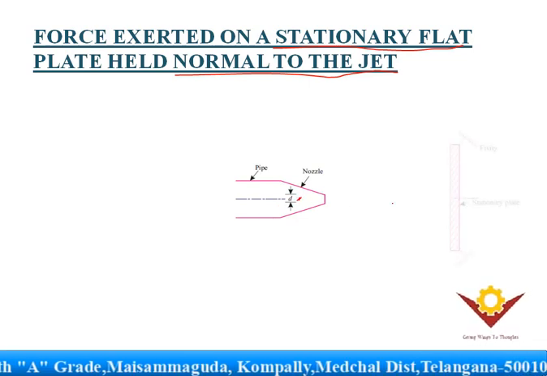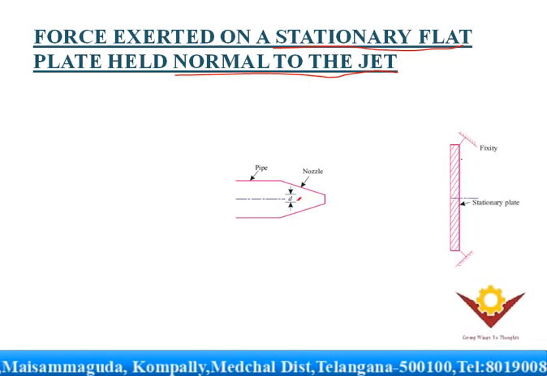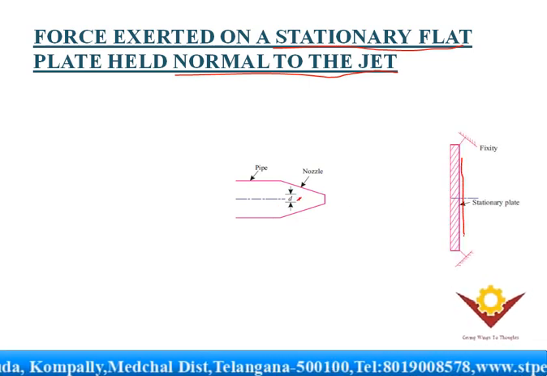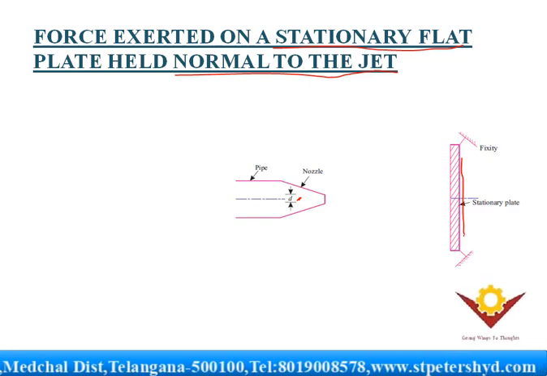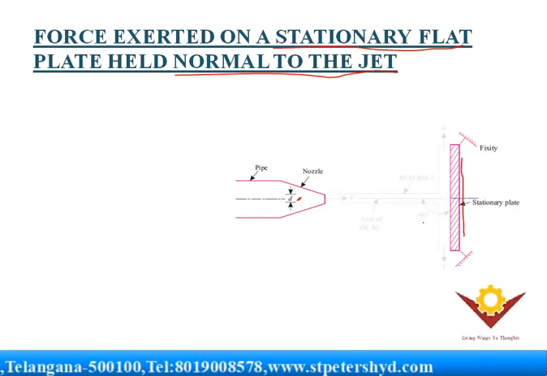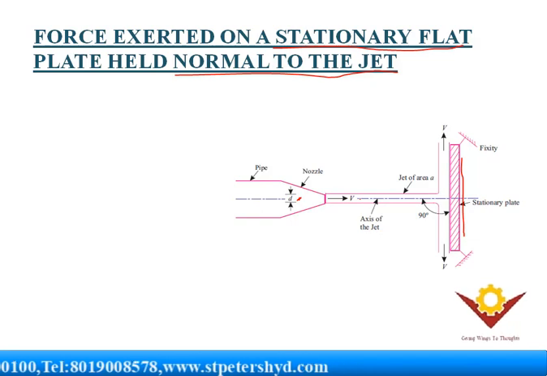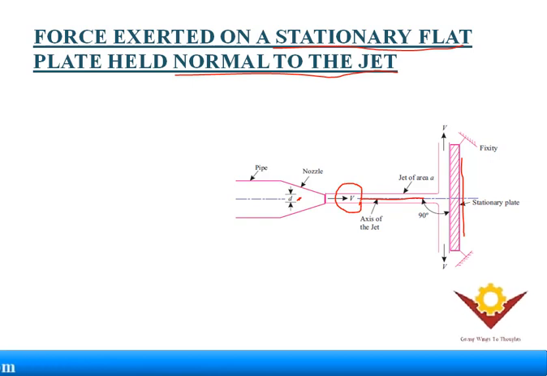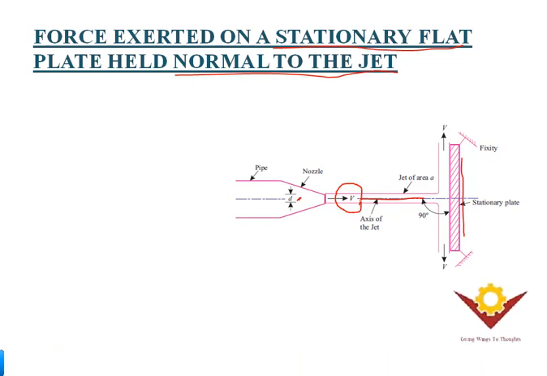And this is your stationary plate, which is normal to the jet. We can see the jet here, which is of diameter d, and this is the axis of the jet, and from the outlet of the nozzle we have the velocity of the jet, which is v.